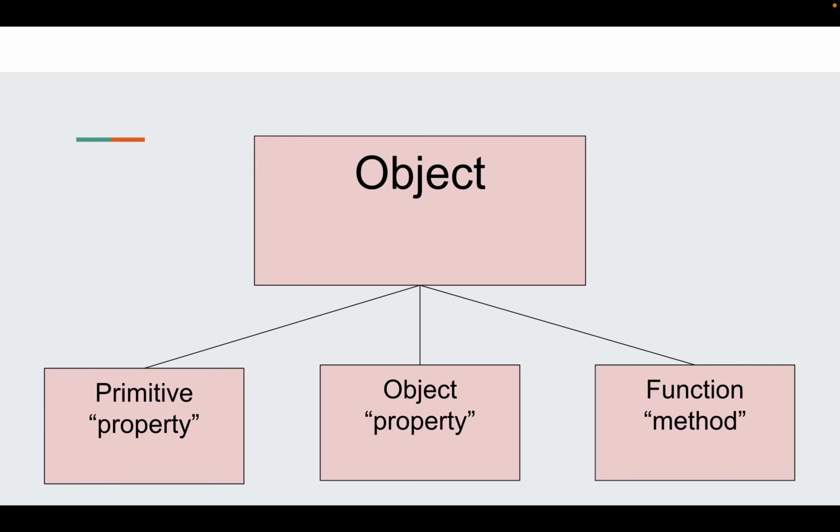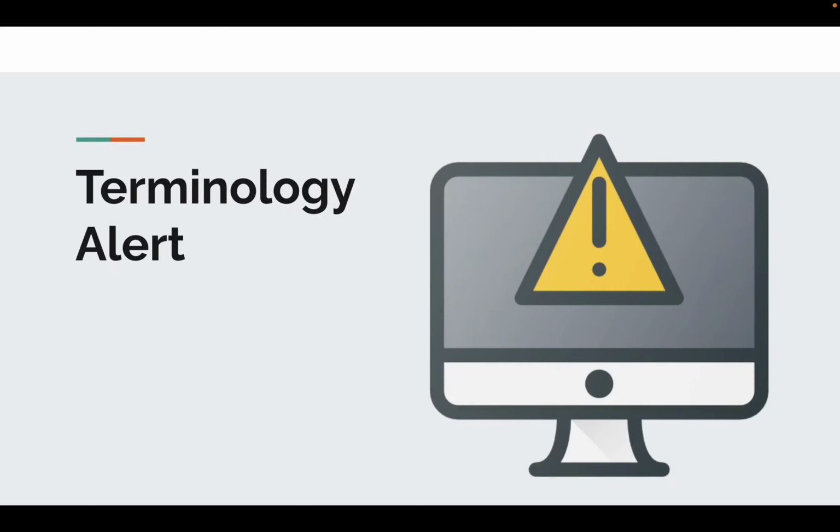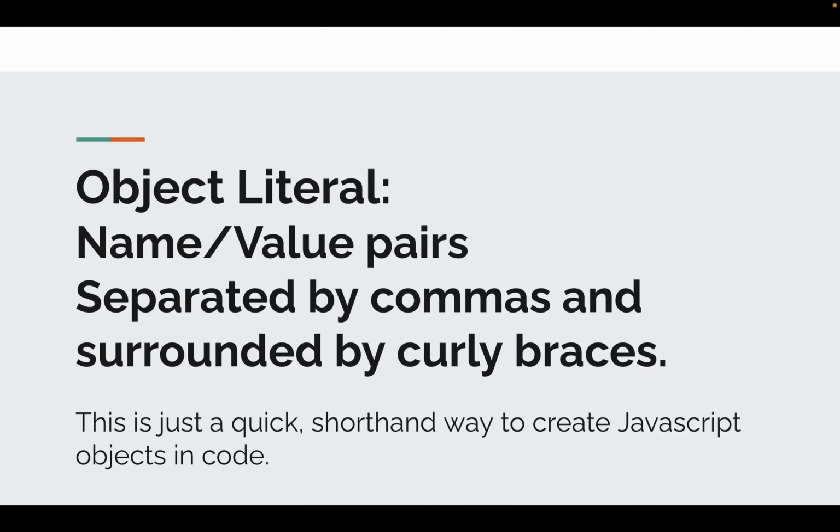And that gets us to one more terminology alert, because in JavaScript we can write what's called an object literal. When I'm typing an object, I can take a sequence of name-value pairs, separate them by commas, and surround them with curly braces. That's a very quick way to create a JavaScript object in my code.